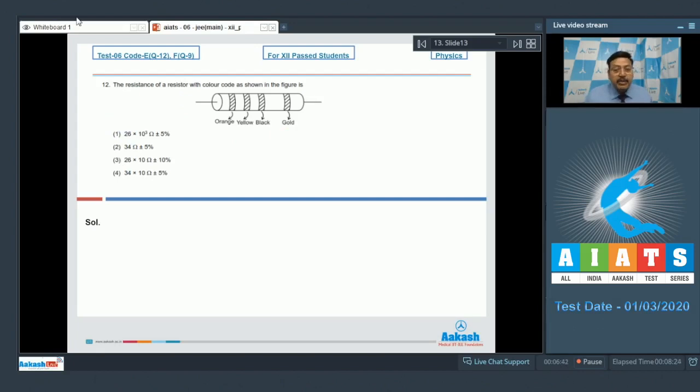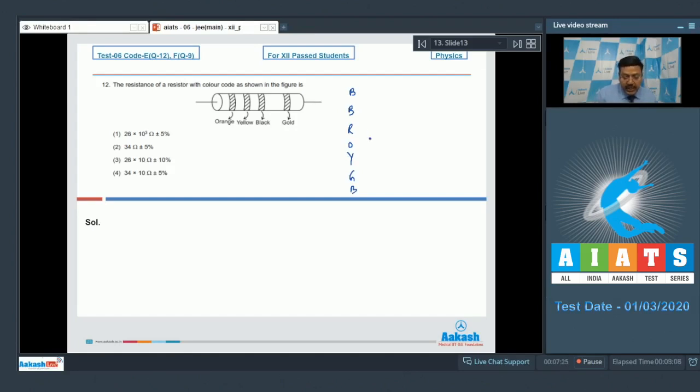To be able to calculate the value, we need to remember the sequence. The sequence is BBROY, we call it BB Roy to remember easily, and then it's GB, Great Britain.